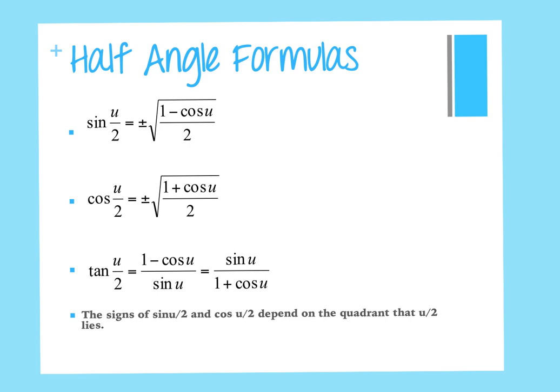And then tangent, you can choose between those two: 1 minus cosine over sine, or sine over 1 plus cosine. And with tangent, we don't have to worry about the sign. It figures itself out, okay? On the bottom, it says the signs, literally the positive and negative signs, of sine u over 2 and cosine u over 2 depend on the quadrant that the original u over 2 angle lies in.